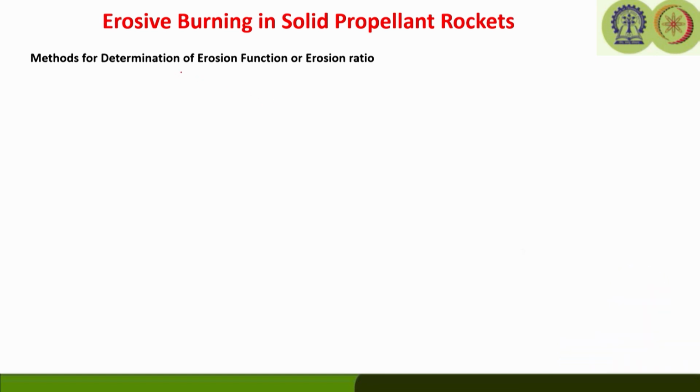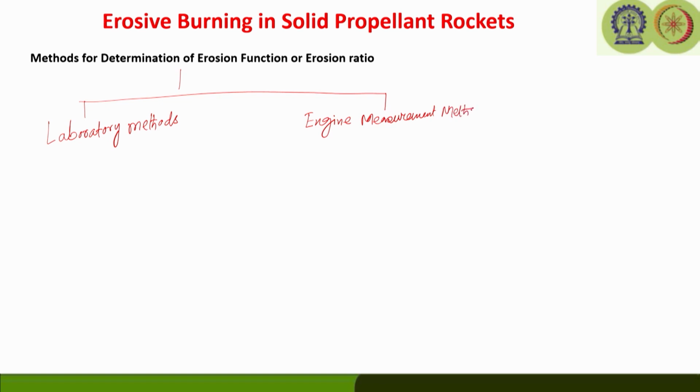If we divide these methods, they are mainly divided into two categories. The first one is called the laboratory method, and the second one is called the direct engine measurement method. The laboratory methods are mainly proposed by the following researchers. These are well known methods proposed by various researchers.